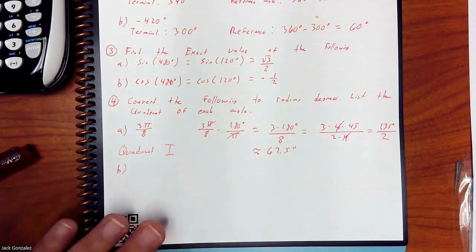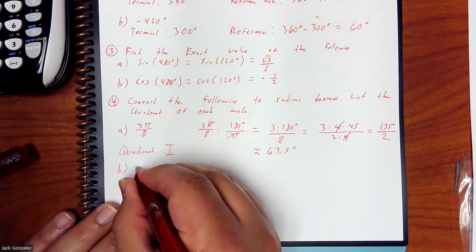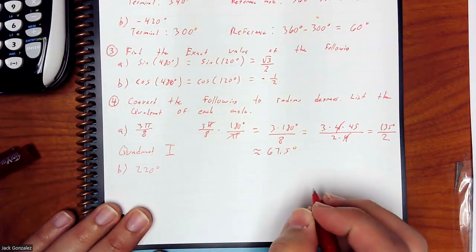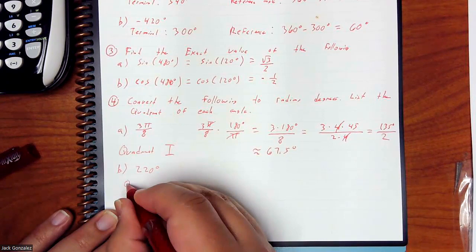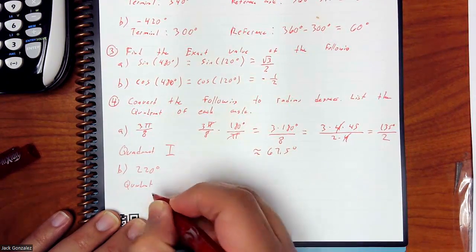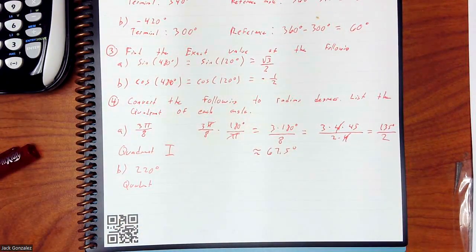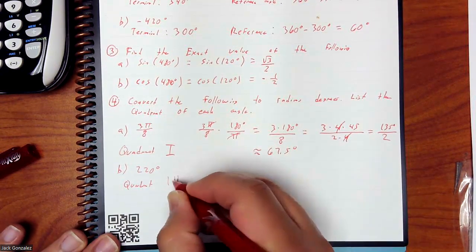Okay, part B. 220 degrees. Right away, we can mention a quadrant, right? What quadrant is this? Yeah, it has to be.